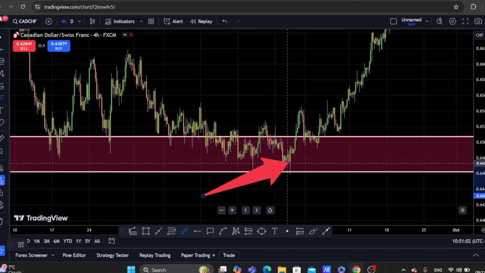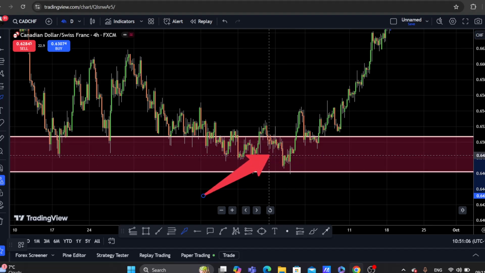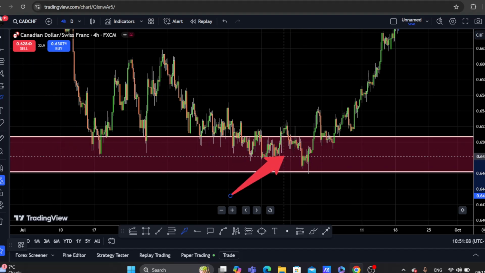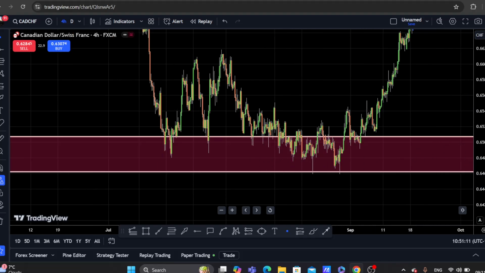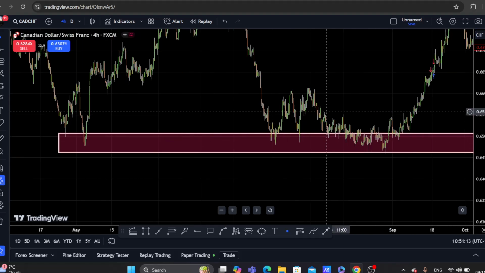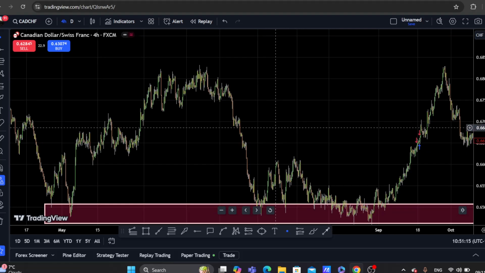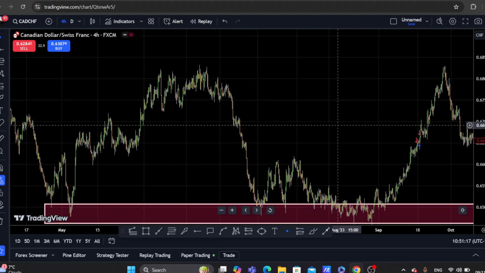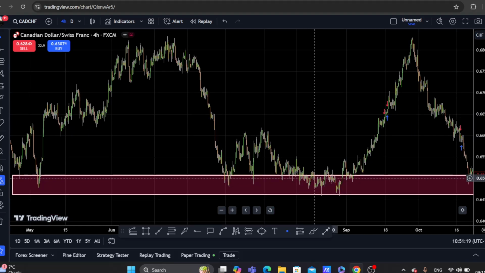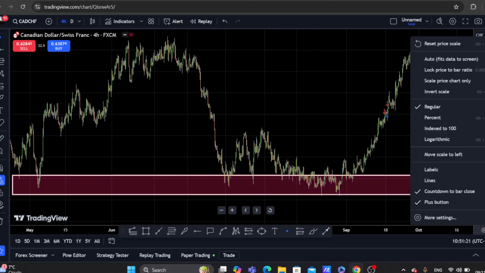So you've got loads of candles that would interest you to participate in going long. Let me get the chart back down so you can see it very well.